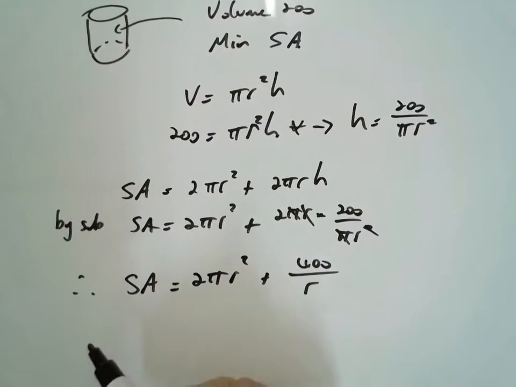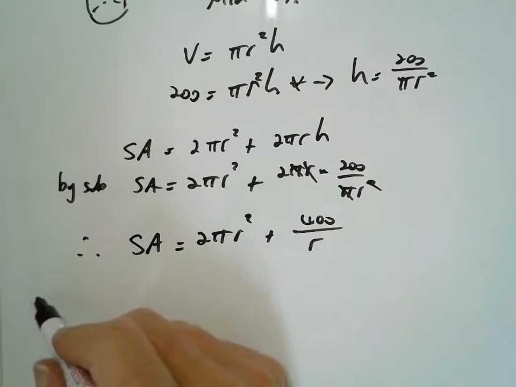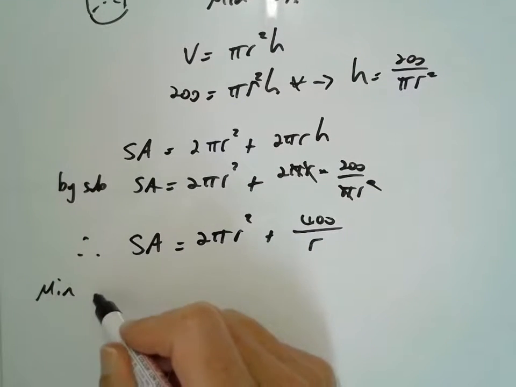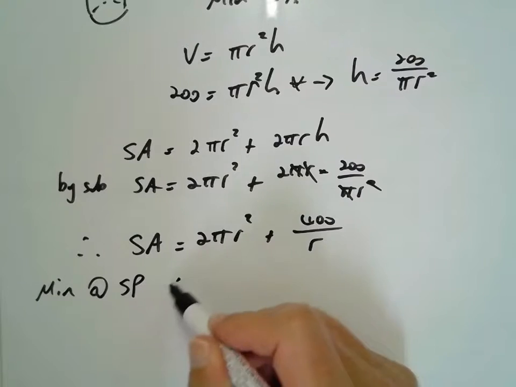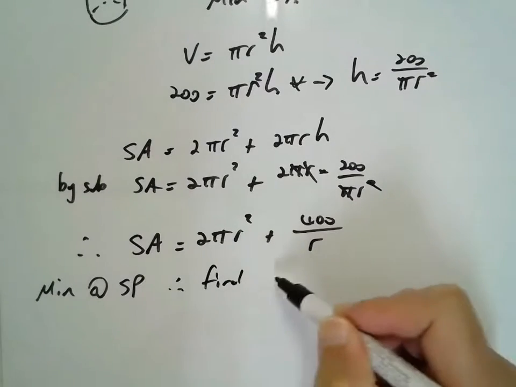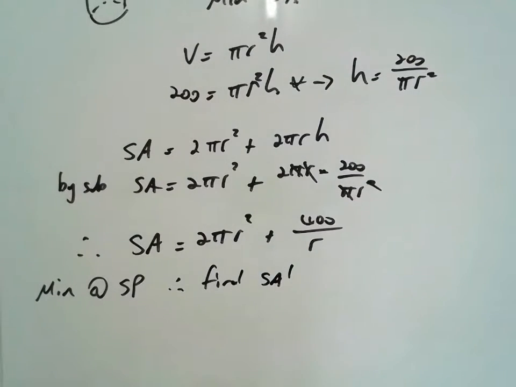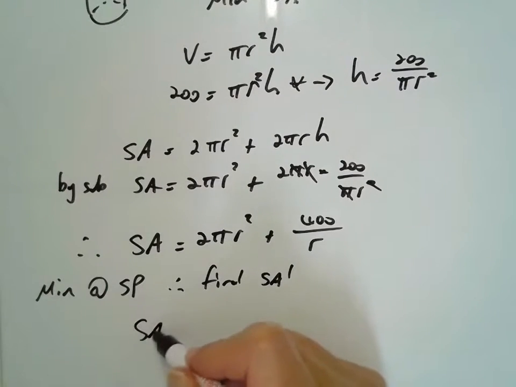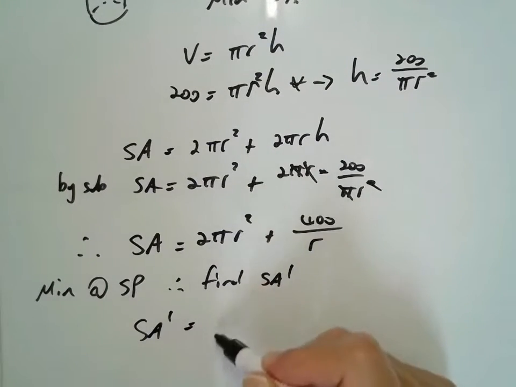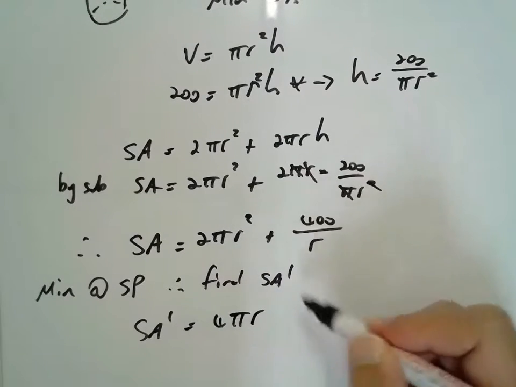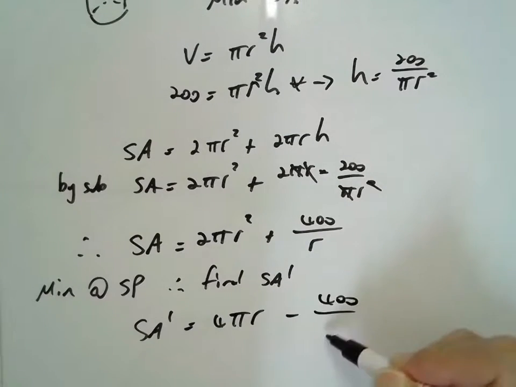Now I can say minimums happen at a stationary point, therefore we want to find the gradient function, which is SA dash. SA dash is 4 pi r minus 400 on r squared.